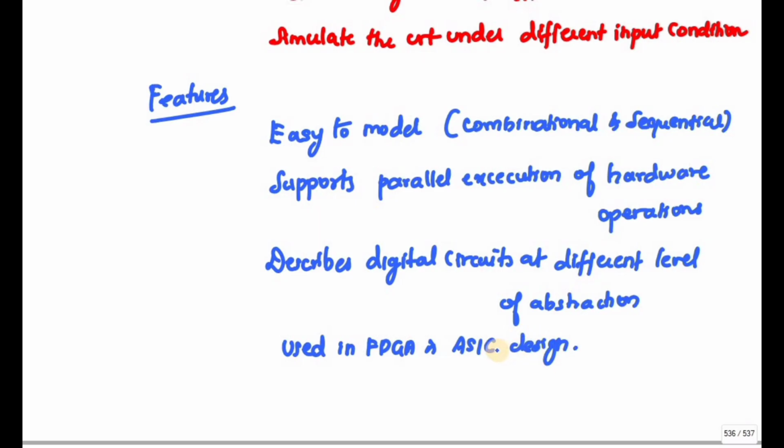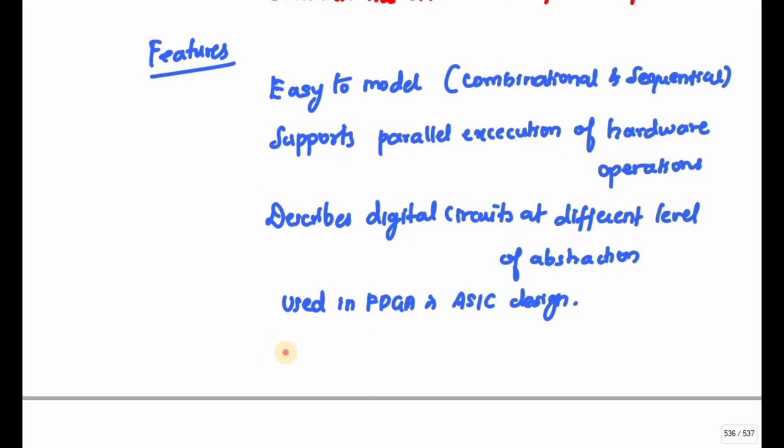It describes digital circuits at different levels of abstraction, which we will discuss later. It is used in FPGA, field programmable gate array, and ASIC design also. And it supports simulation and testing before fabrication.